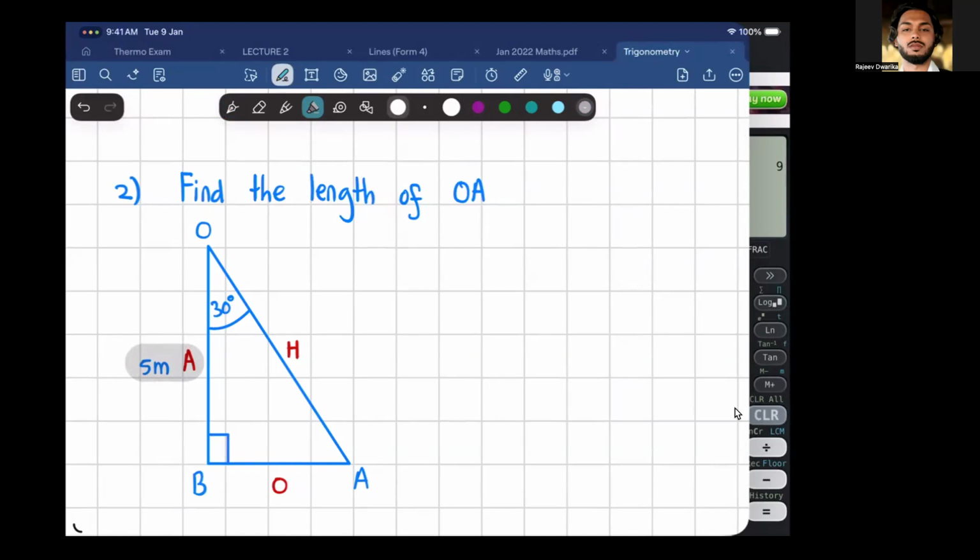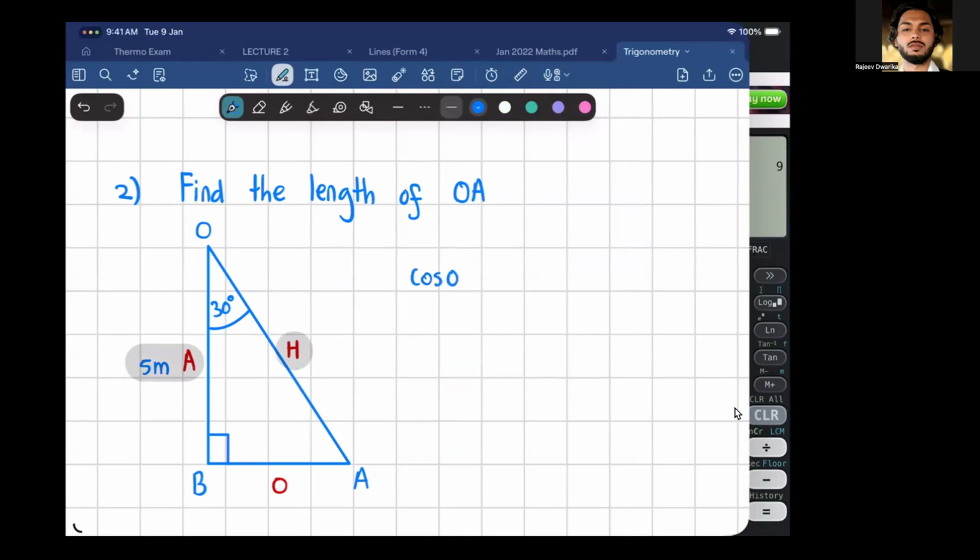Okay, what is it that we're trying to find? We're trying to find OA. OA, that's H, right? Yes, sir. So which trig ratio has A and H in it? Cosine. So that's simple, you're going to use cosine.